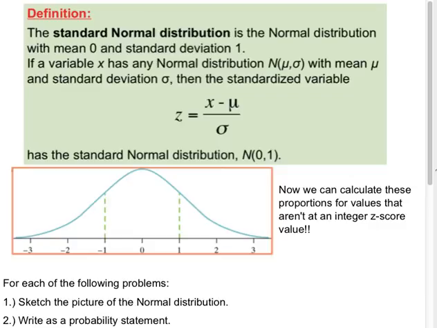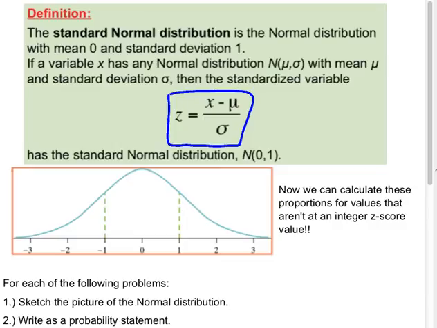If variable x has a normal distribution with mean mu and standard deviation sigma, then the standardized variable, this, has a standard normal distribution 0, 1. So what it does is it standardizes any normal curve, okay? Standardizes it to have a center at 0, standard deviation 1, to make these areas easier to calculate, okay?